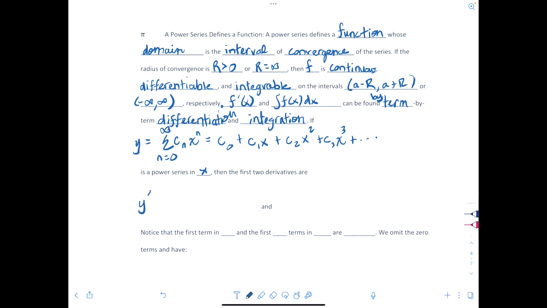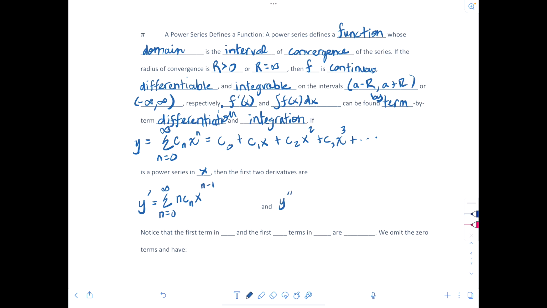y prime is equal to the summation from n equals 0 to infinity of n times c sub n times x to the n minus 1.